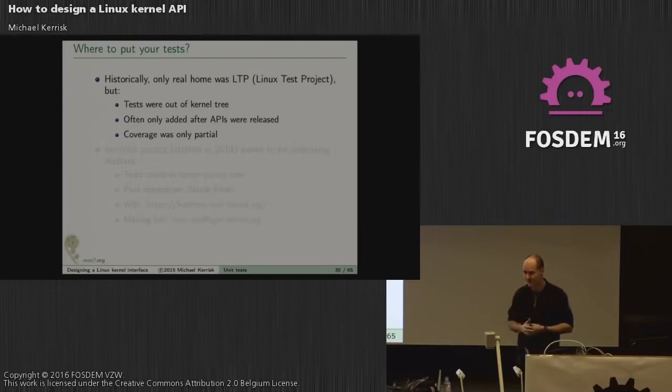There's a long-established project for the Linux kernel called the Linux Test Project, which does some good work, but the problem was that historically the tests lived out of the kernel tree, and they typically got added to that project sometime after kernel APIs were released. So LTP could sometimes be used for finding regressions, but it was seldom good for finding bugs in kernel APIs before they were released.